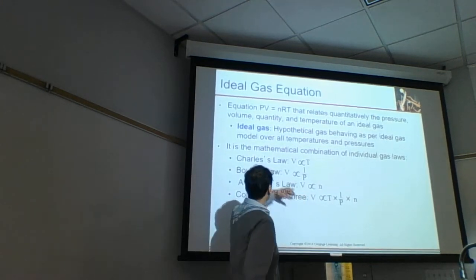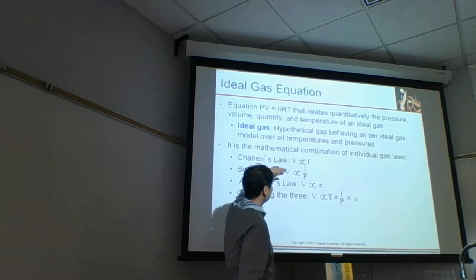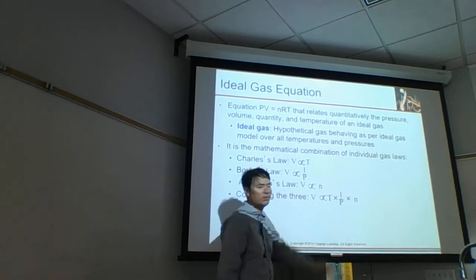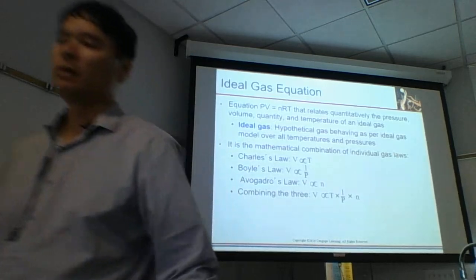We saw Charles' law and Boyle's law in the first one. And so if we combine all 3, we get a modified combined gas law. Let me just show you this from earlier. From part 1, we saw this one, PV over T is equal to PV over T. Do you remember this equation?